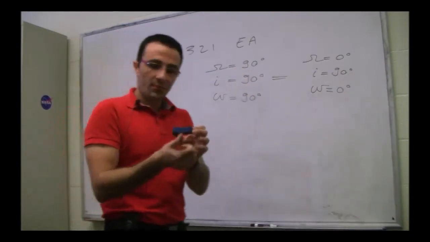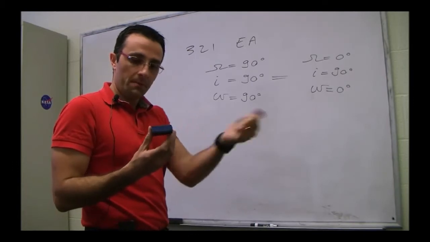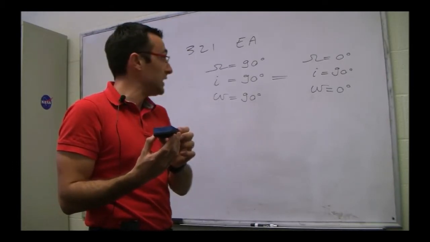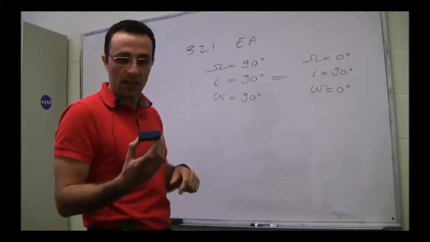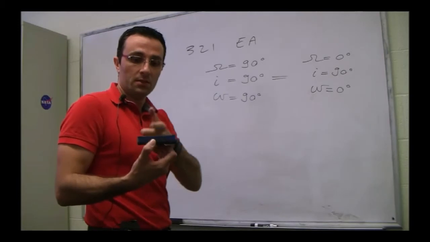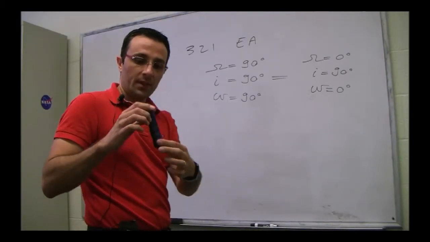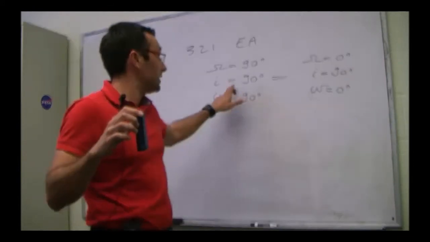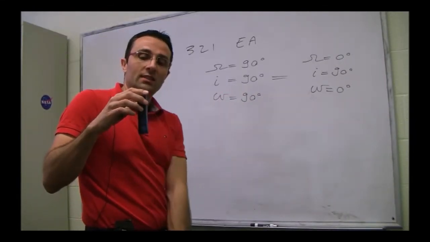So, x is pointing at you, z is up, y is this way. If we go z 90, it's a 3-1-3, so first rotation about the z-axis. Now x is pointing this way, y is pointing at me, z is still up. The second rotation is about the new y-axis, and then the x-axis is pointing down.